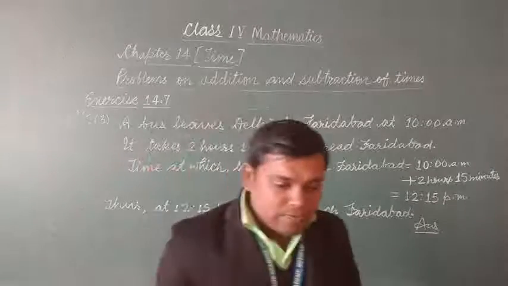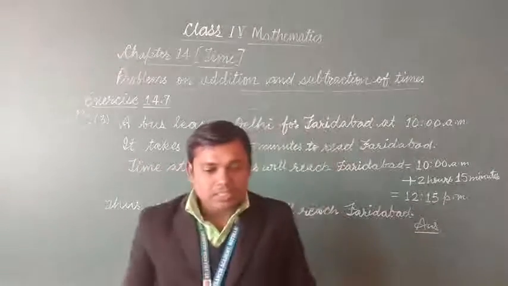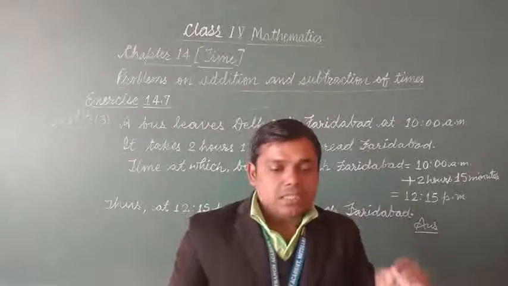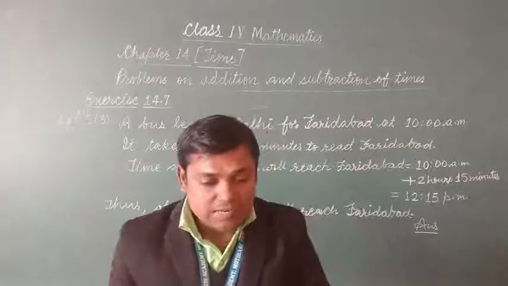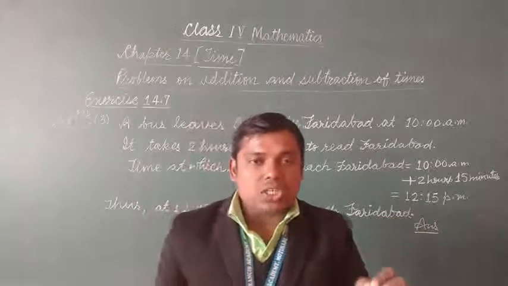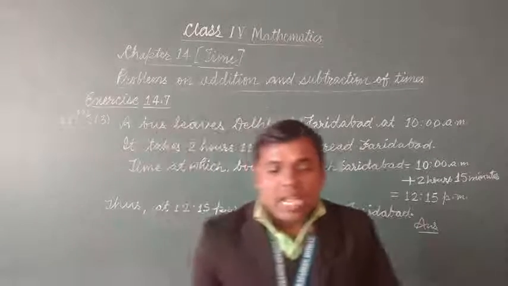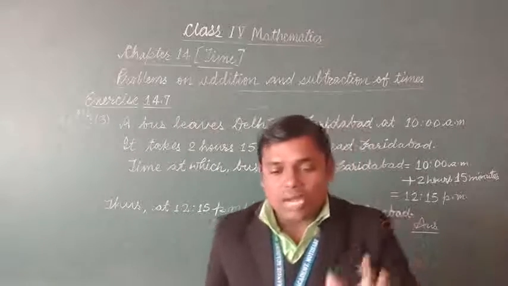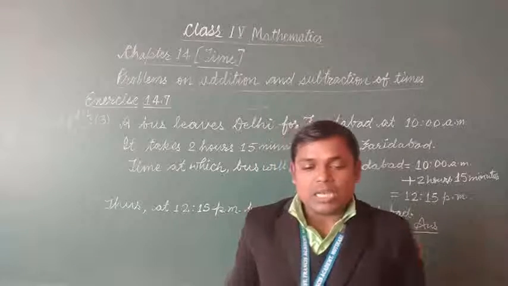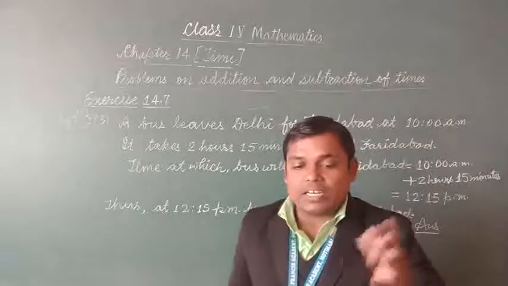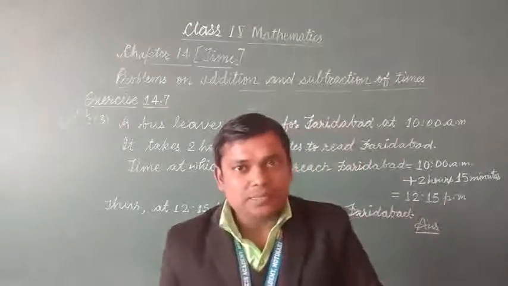All of you read this question. It is written here, Mahesh traveled 6 hours 25 minutes by one bus and 3 hours 45 minutes by another bus. How much time did he travel in all? It is very easy.